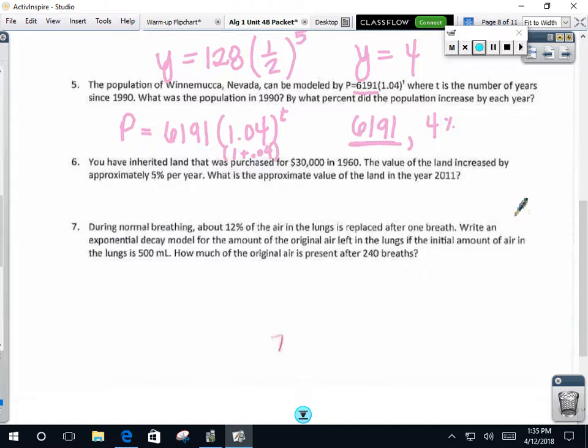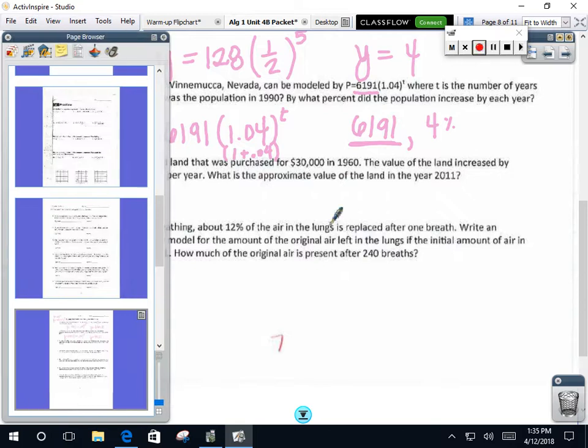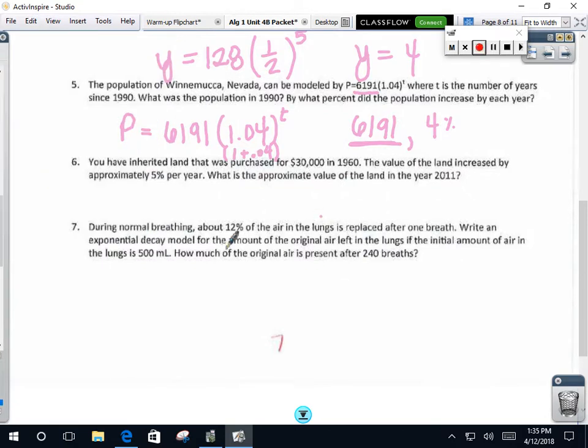All right, number 6. You have inherited land that was purchased for $30,000 in 1960. The value of the land increased by approximately 5% per year. What is the approximate value of the land in 2011? So Y equals, what is the A value?